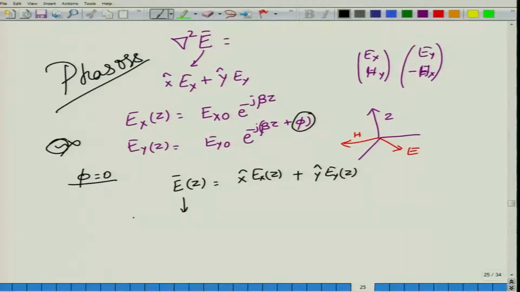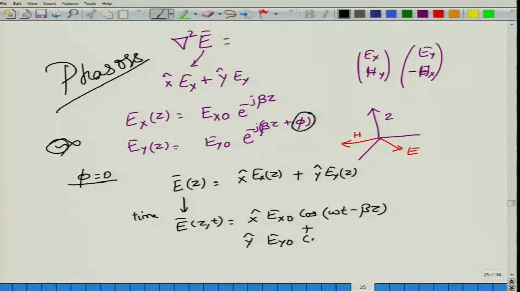Now, when I go from phasor to time domain, I can do that. So, I will have the real electric field in terms of z and t given by x hat Ex0 cos omega t minus beta z plus y hat Ey0 cos omega t minus beta z.